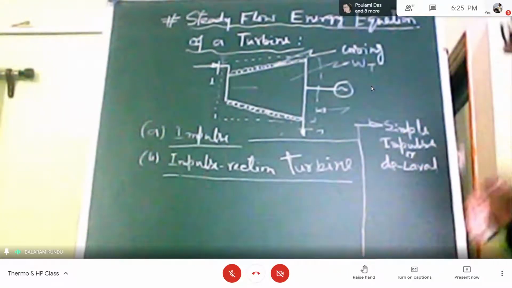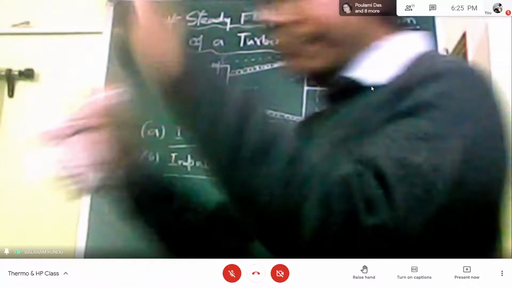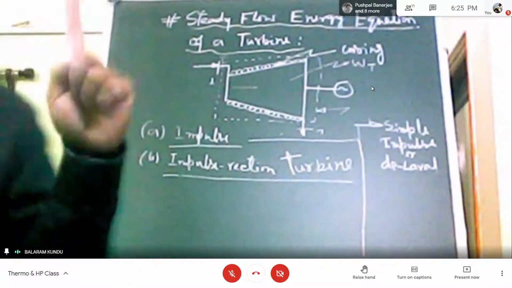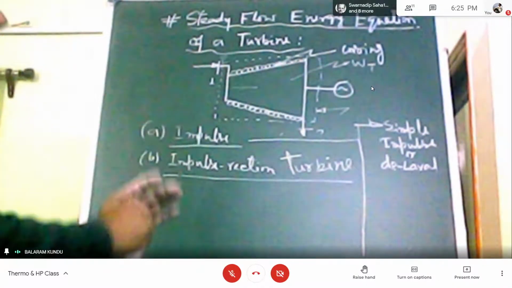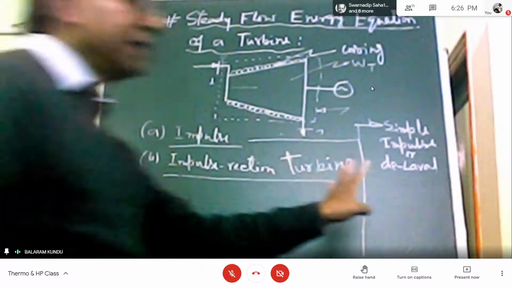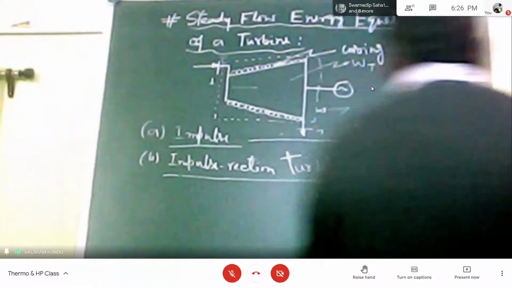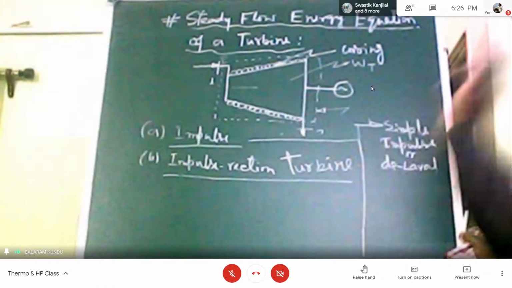A De Laval turbine means the simplest turbine. Only one row of moving blade is there. If the power requirement is very small, in that case this type of turbine is used. So the simple impulse turbine is the simplest and smallest turbine.